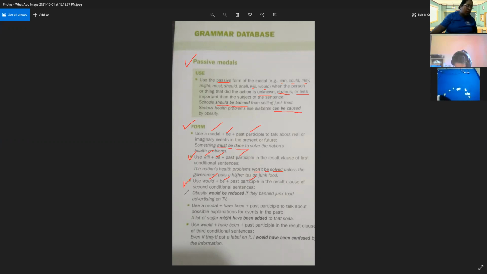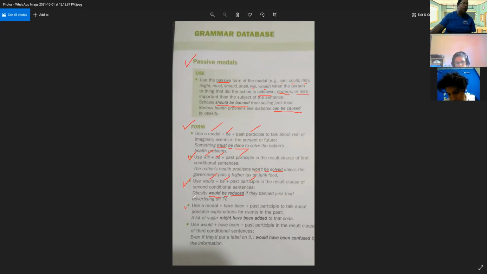Example, obesity would be reduced if they banned junk food advertising on TV. Okay, here we have the modal would with the be with the verb in the past participle. La obesidad sería reducida si ellos prohibieran las publicidades de comida chatarra en televisión.